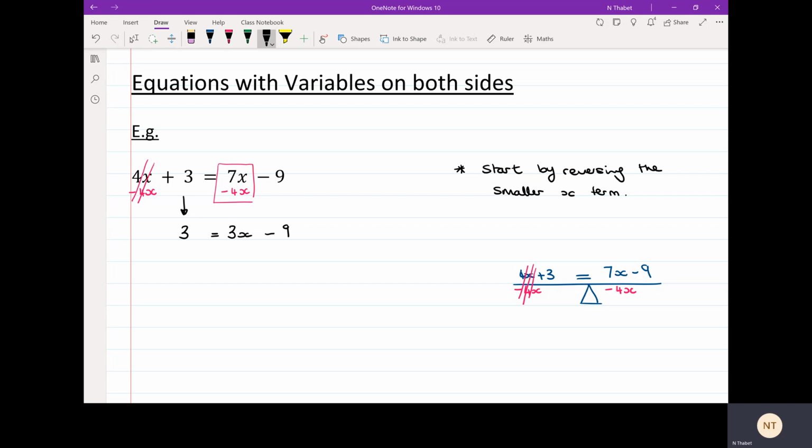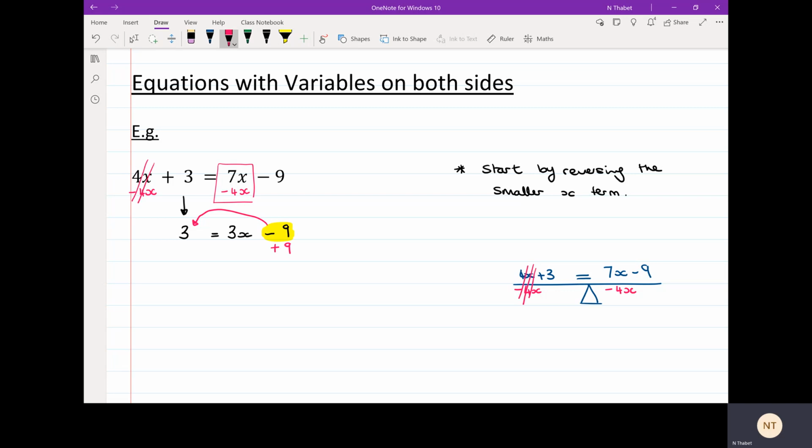So I've moved my x's to this side. I now need to move the number to the other side. Now, this number is a minus 9. It's a negative 9. So to get rid of it from this side, I'm going to add 9.